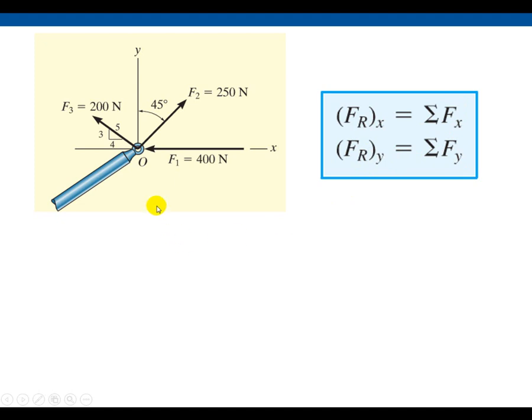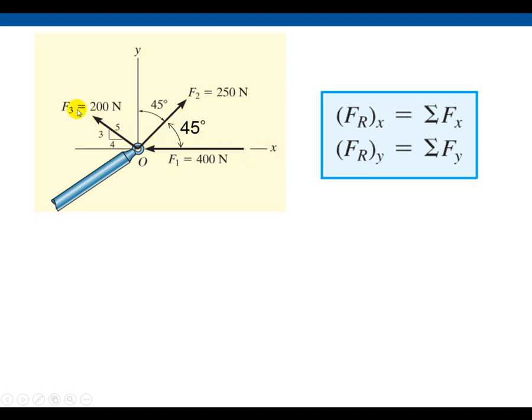So for F1, you can see it has only x directional movement. There is no y-axis component. So the force is just minus 400 Newton i. For F2, the x component is 200 Newton times, there is a 45 degree, so it's cosine 45 degree along the positive x-axis.